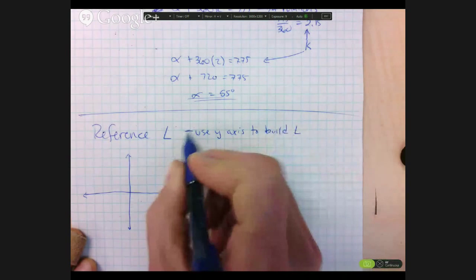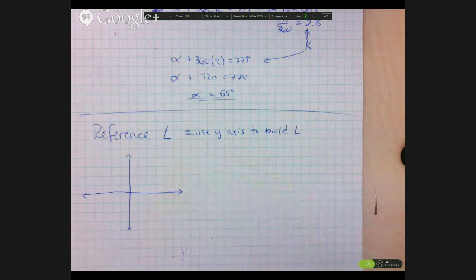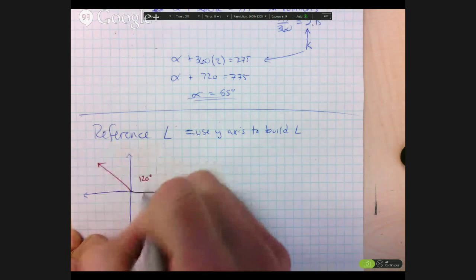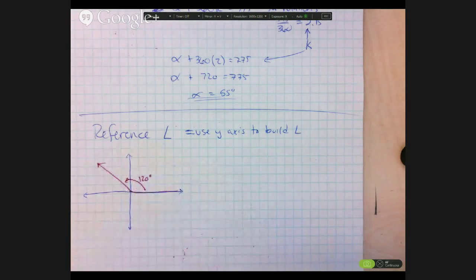Okay, for trigonometry terms and uses, we have to use what's called reference angles. For sine, cosine, and tangent, we have to use reference angles. So if I have, let's use our 120 degree angle. We don't do above 90 degrees with sine, cosine, tangent, and the others. It has to be below 90.